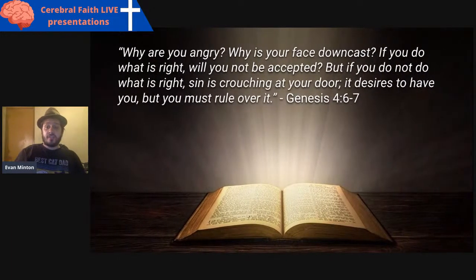In Genesis chapter 4, verses 6 to 7, we read, God says to Cain, "Why are you angry? Why is your face downcast? If you do what is right, will you not be accepted? But if you do not do what is right, sin is crouching at your door. It desires to have you, but you must rule over it."